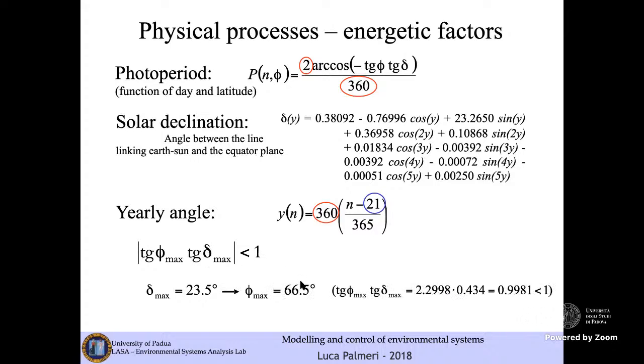Then in the Arctic polar circle, the maximum latitude is 66.5 degrees, so that we have again that this quantity is smaller than 1.